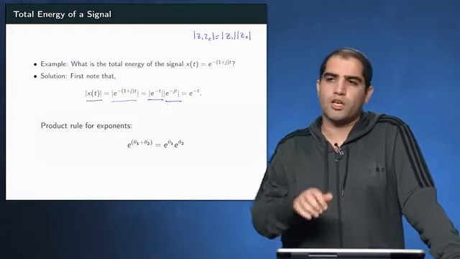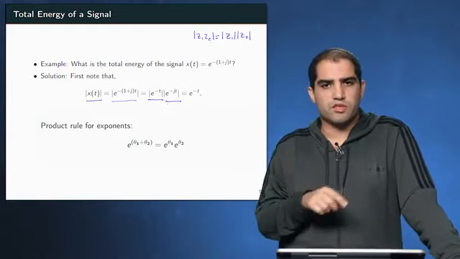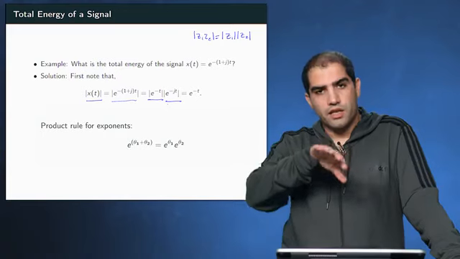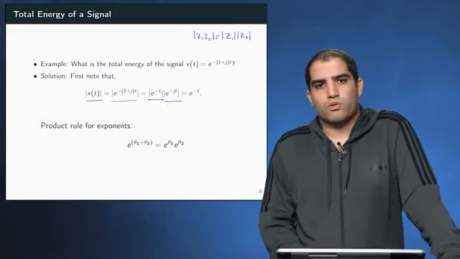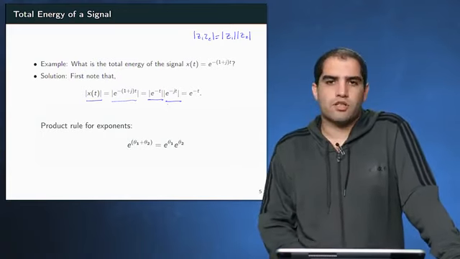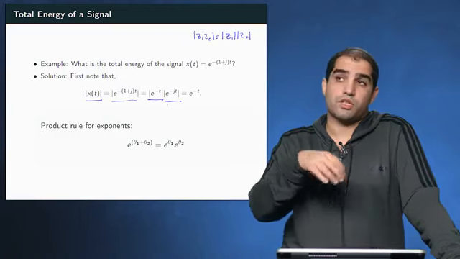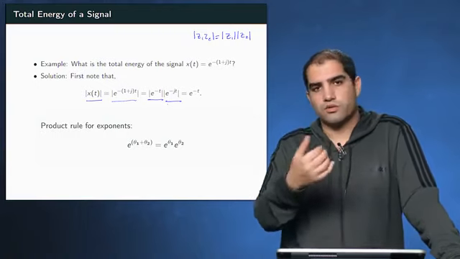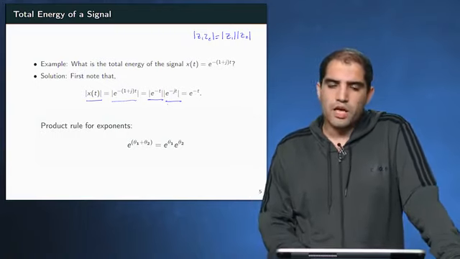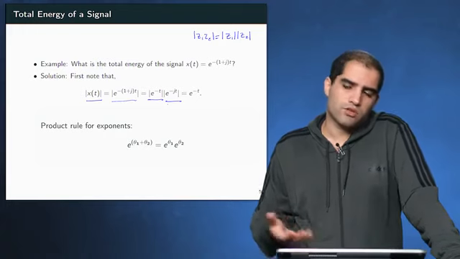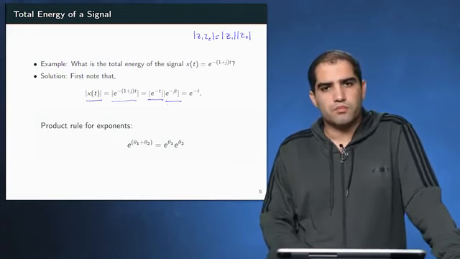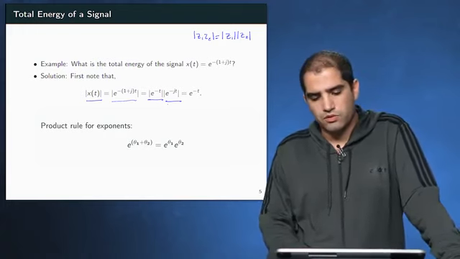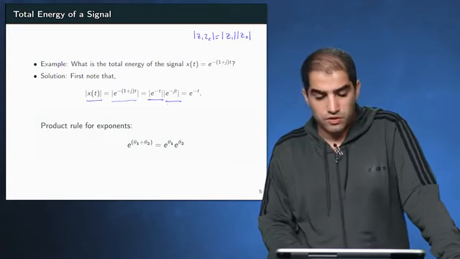So e to the negative jt would be the vector on the complex plane with the angle negative t. Quite naturally, the vector is on the unit circle, so its absolute value is 1. And e to the negative t is always a positive value, so the absolute value is going to be e to the negative t.